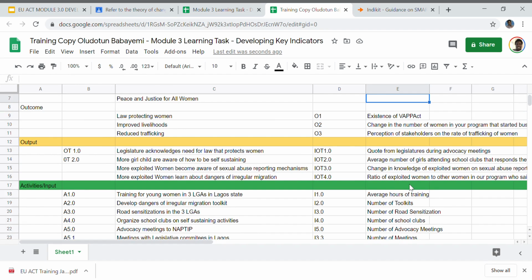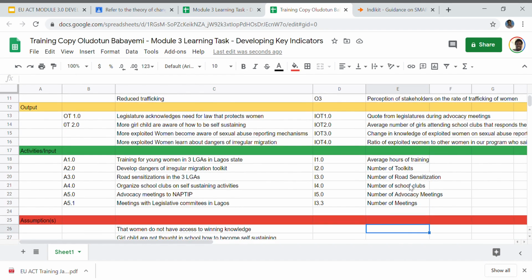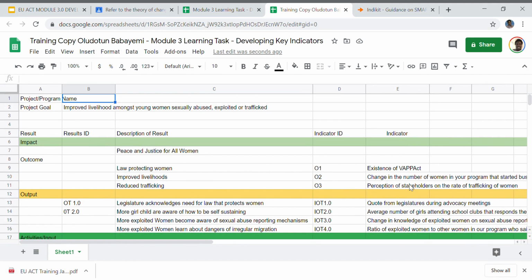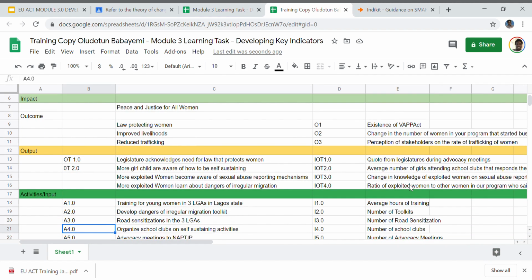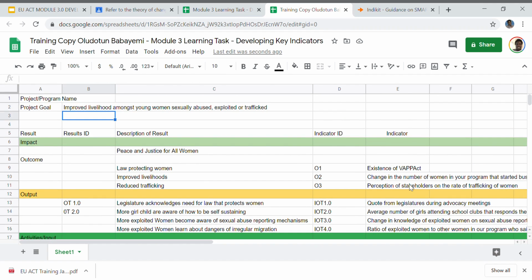So don't forget, you have your ID and you have your indicators. Think about another program whose goal is, let's assume, to strengthen participatory budgeting in the area of health sector, right? That's the project goal.